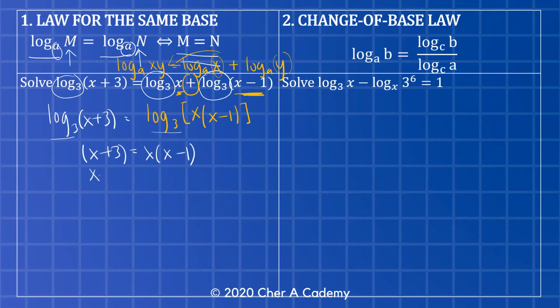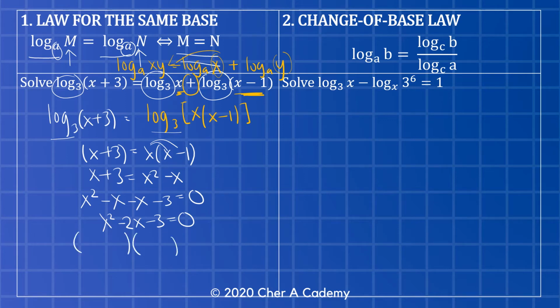Expanding this out, x plus 3 equals x squared minus x. I'll put them together on one side, so x squared minus x minus 3 equals 0. Simplifying this, x squared minus 2x minus 3 equals 0. I have to factorize this.